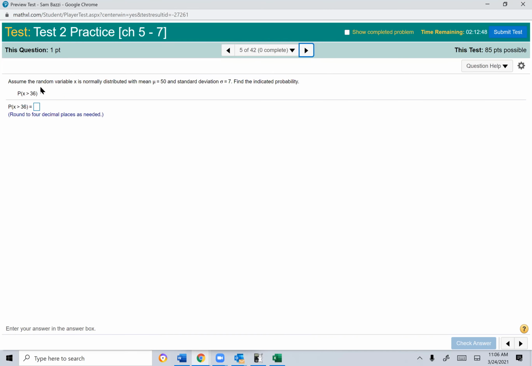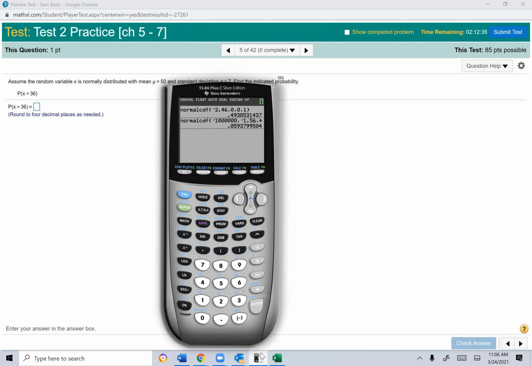Assume the random variable is normally distributed with mean 50 and standard deviation 7. So it's not 0, 1 anymore, it's X. So mean is 50 and find the indicated probability, greater than 36. Let me bring the calculator, guys. So second, normal CDF. Okay, what would be the lower? We need to go from 36 and up.